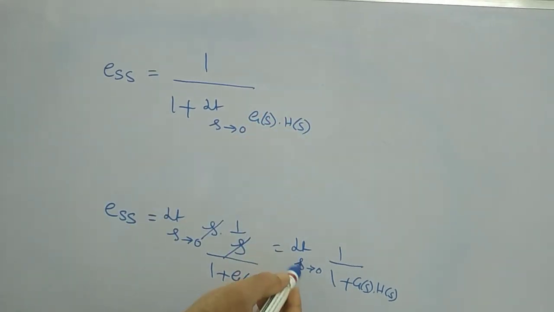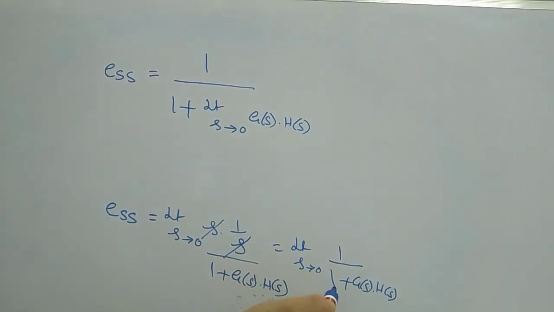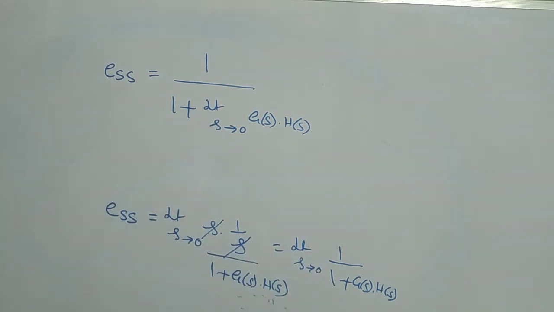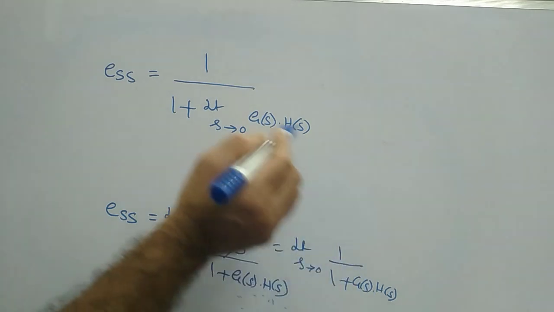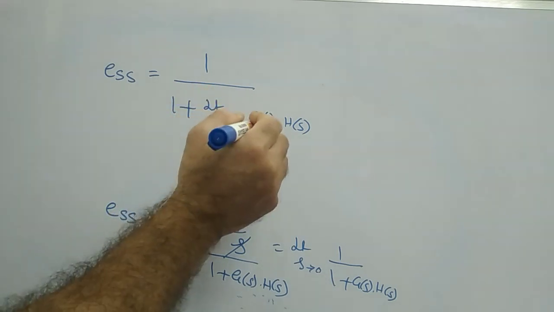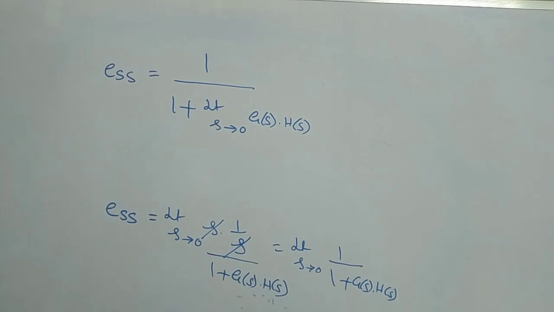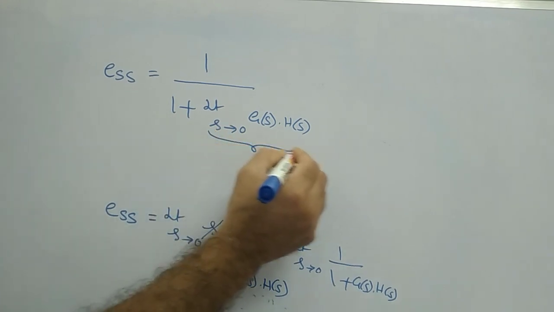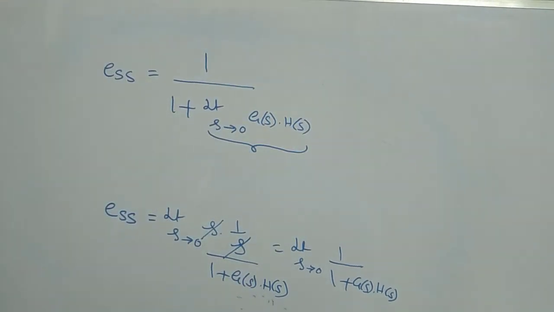You apply this limit to these terms, because 1 is a constant and there is no s term in it, so 1 will be as it is. This limit will be applied here. Therefore, this is limit s tends to 0, G(s) into this part. What is this called?